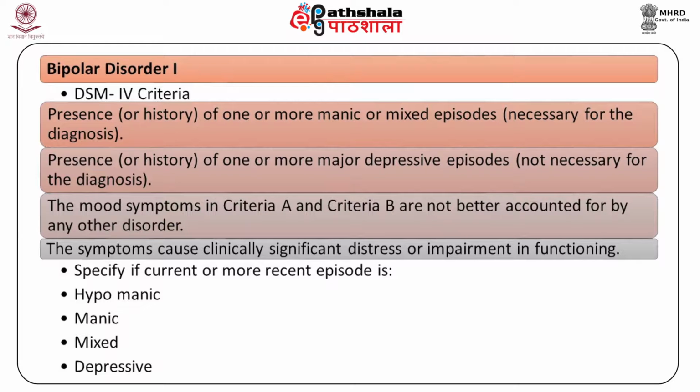C. The mood symptoms in criteria A and B are not better accounted for by any other disorders. D. The symptoms cause clinically significant distress or impairment in functioning. E. Specify if current or most recent episode is first, hypomanic; second, manic; third, mixed; fourth, depressive.